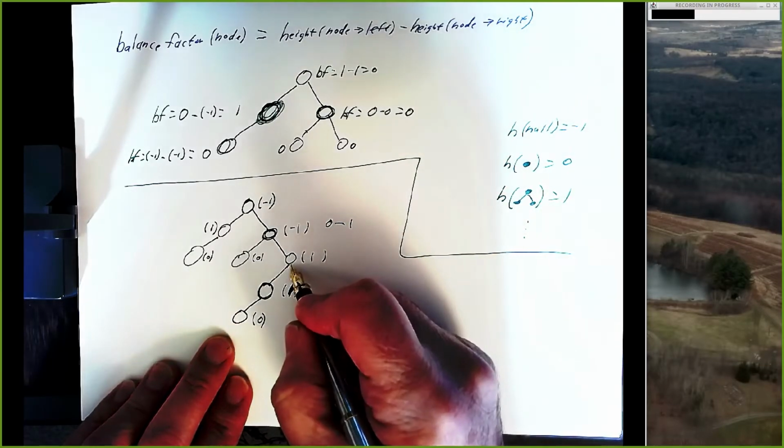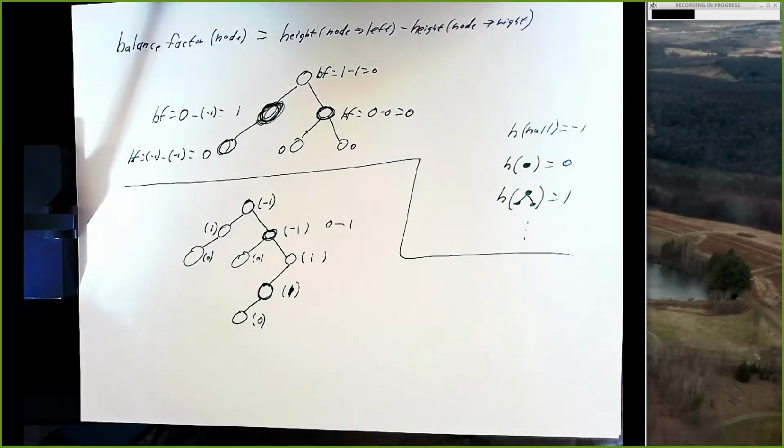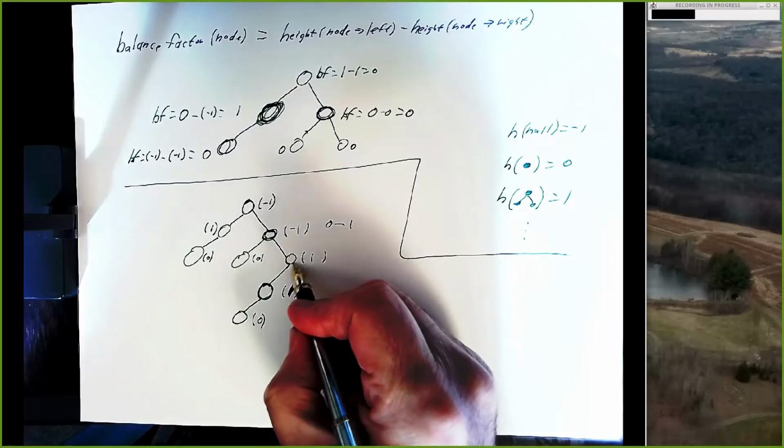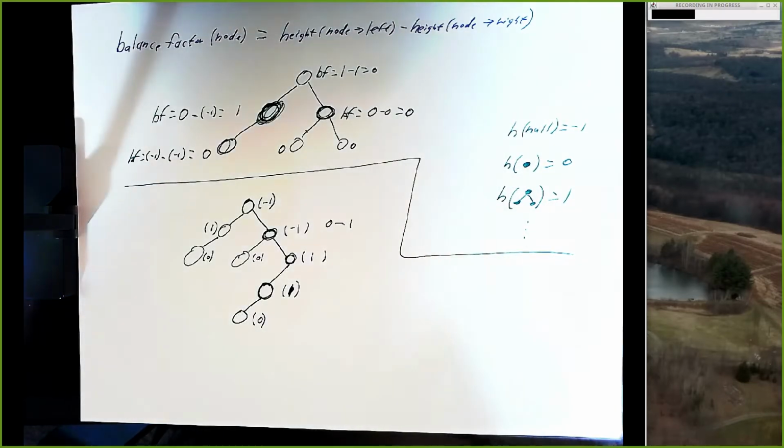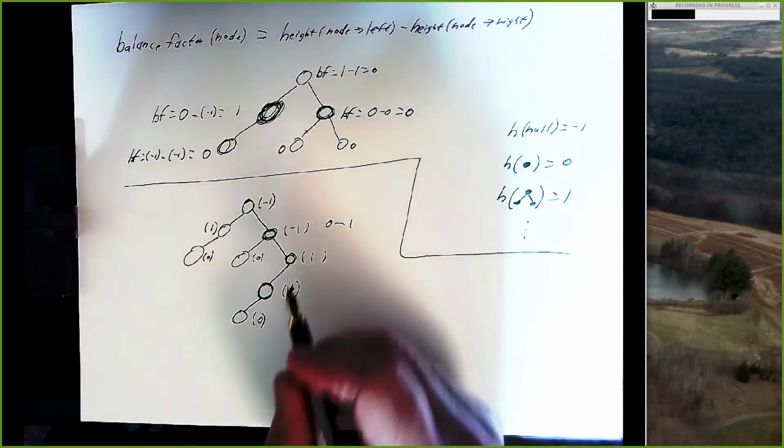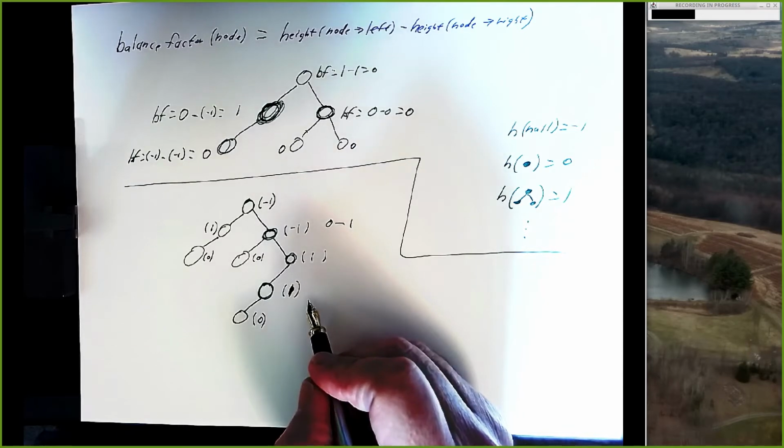And this node, what will be the balance factor here? It's going to be 0, because it'll be -1 on the right and 1 on the left. Or I'm sorry, -2.